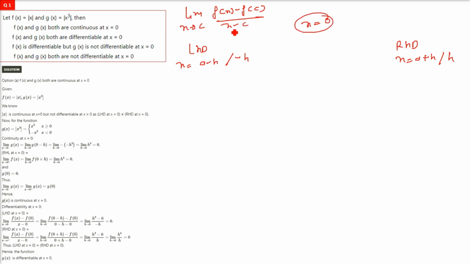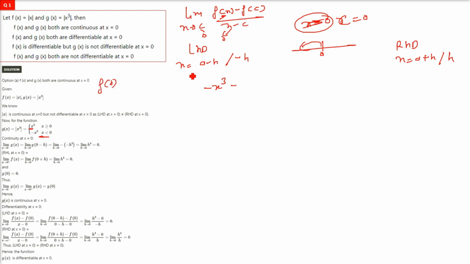Here c equals 0, so wherever we have c, replace it by 0. Now for the left hand derivative and right hand derivative, you have to use the function accordingly. If you are below 0, you have to use negative x cube, and if you are above 0, you have to use x cube.